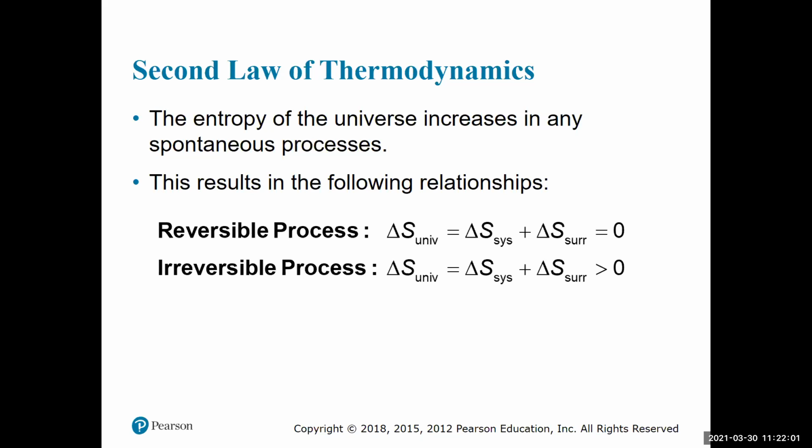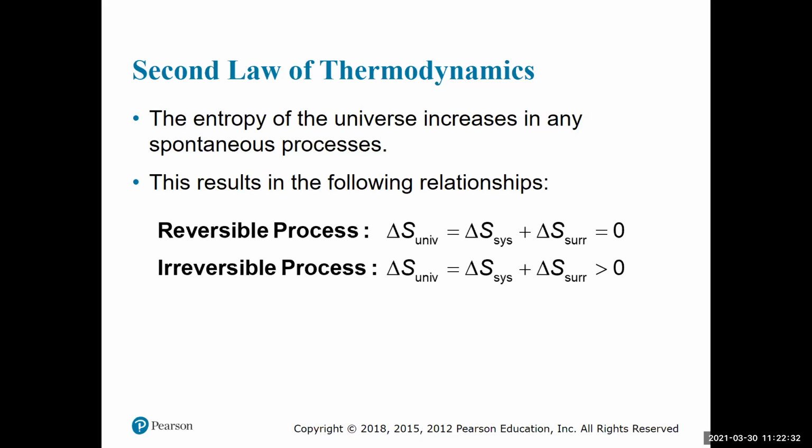In irreversible processes, the delta S of the system plus the delta S of the surroundings is greater than 0. So in other words, our delta S of the universe is positive. Well, that's what we set up here in this first bullet point. Entropy of the universe increases in a spontaneous process. Spontaneous processes are irreversible, right?